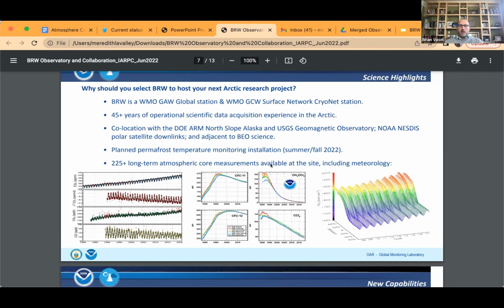We have a lot of collaborative partners between our DOE colleagues, USGS, our NESDIS colleagues that are doing satellite work, and the BEO work that's happening just to the south of us. Something we're really excited about right now is we have a procurement action going through to buy some temperature thermistor strings that we're going to put into tubes around the observatory.